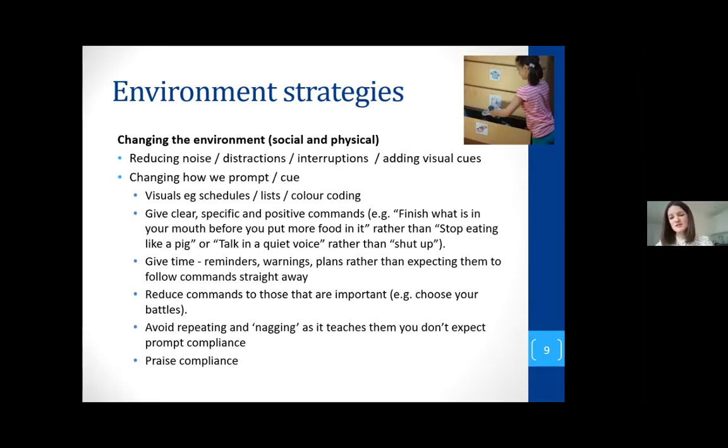You want to reduce the demands and reduce the commands and choose your battles. So, picking things that are really important to the family that you want them to do. For example, you really want them to eat all their dinner, but actually you're picking your battles.